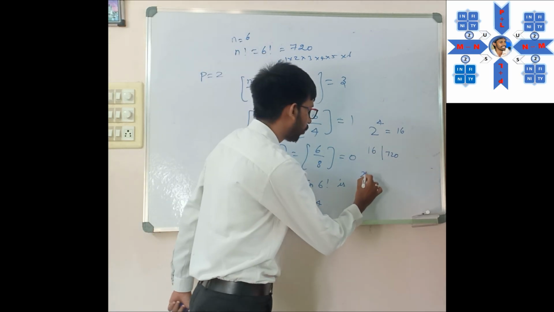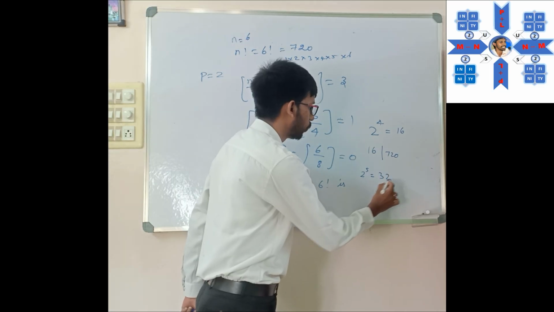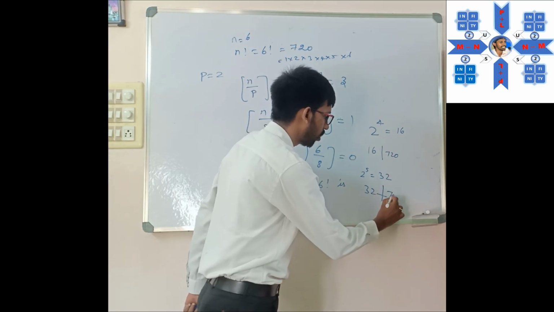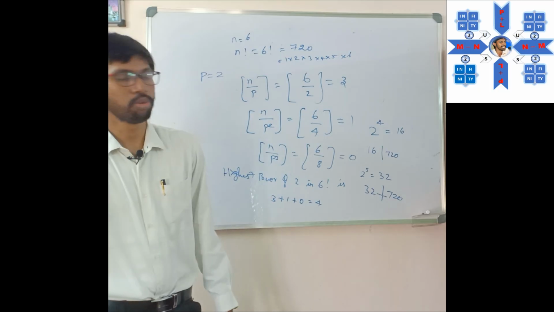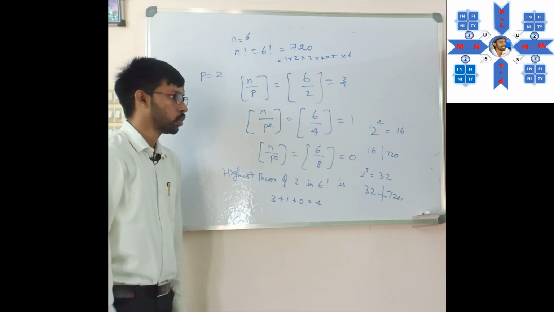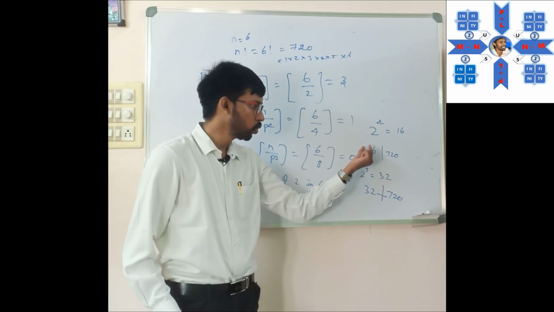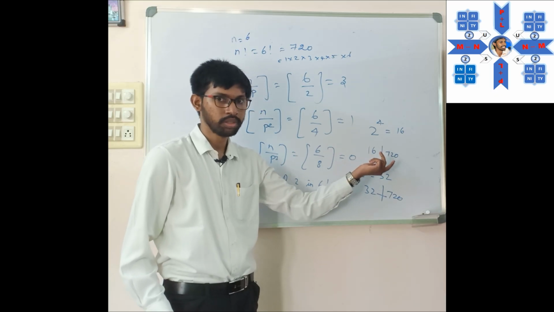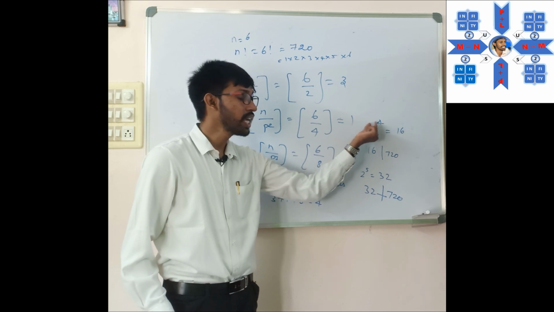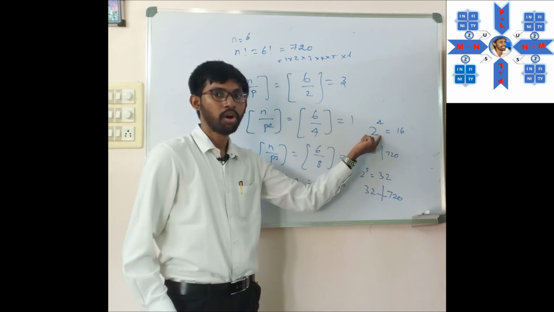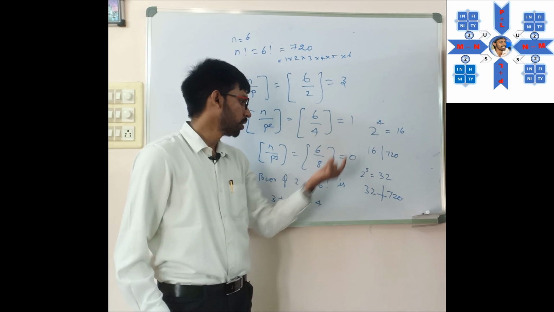If I take 2 power 5, that is 32, you can calculate and observe that 32 does not divide 720. When 2 power 4 divides 720, obviously 2 power 3, 2 power 2, 2 power 1 also divide it. So 2 power 4 is the highest power of 2 which divides 6 factorial.